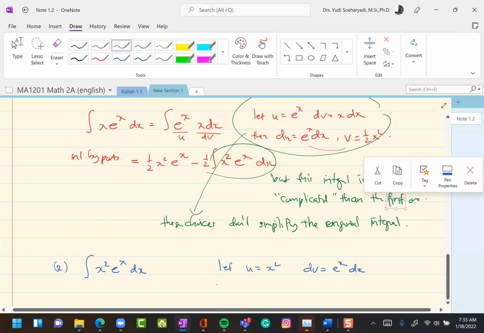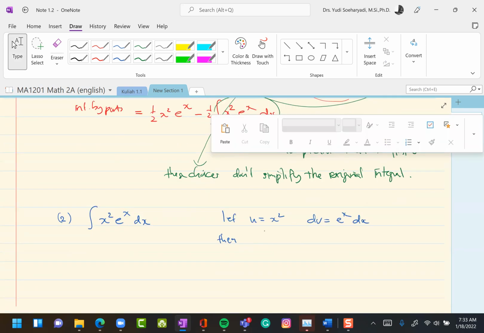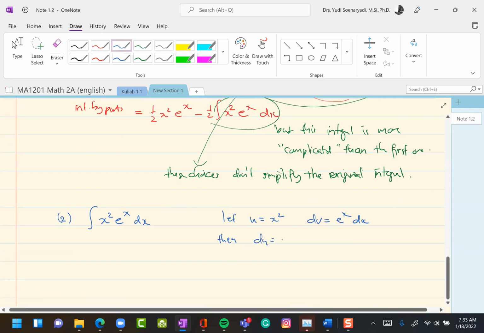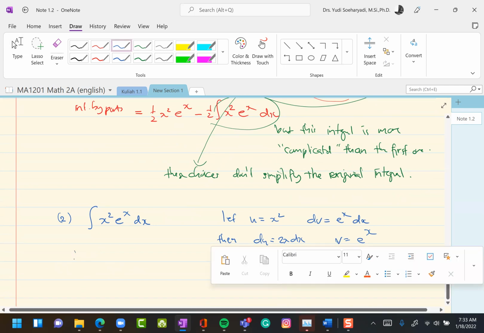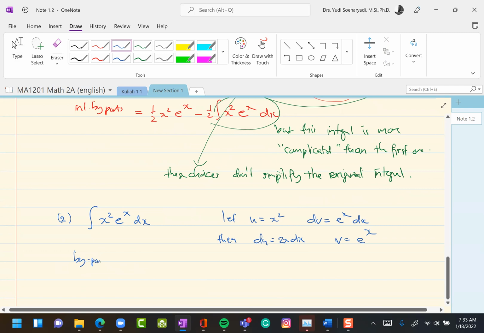Then we have du is 2x dx, v is still the same, e to the x. So integration by parts gives you u times v, so x squared e to the x, and subtract this integral.